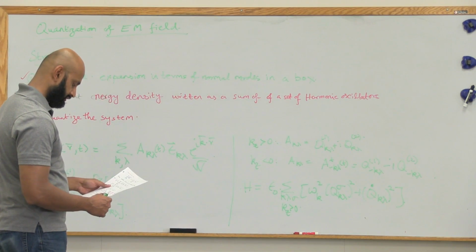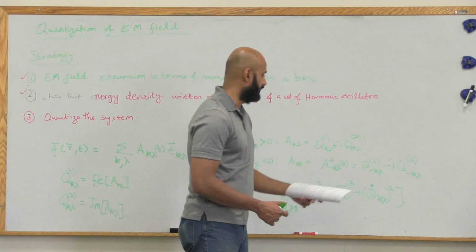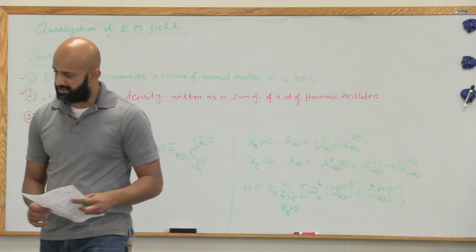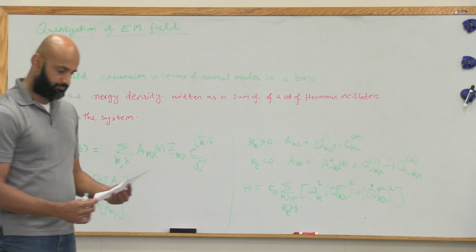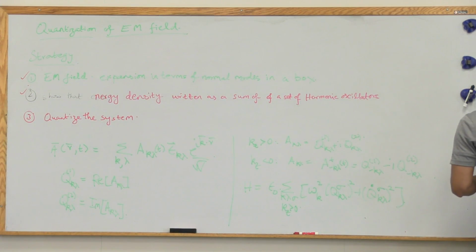So, as we will show in just a second, once we quantize this, these q_k lambda sigmas we can now write down in terms of some new operators. And then the next step was to identify that there is a canonical momentum p_alpha, which is just equal to 2 epsilon naught q_alpha dot.